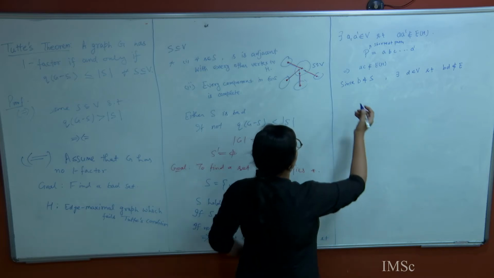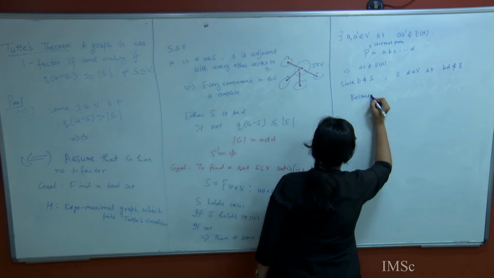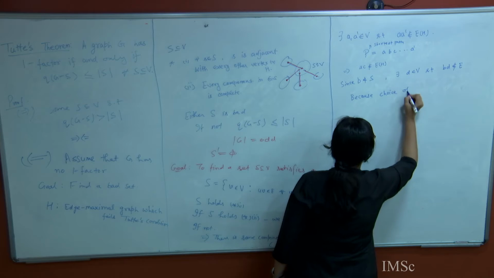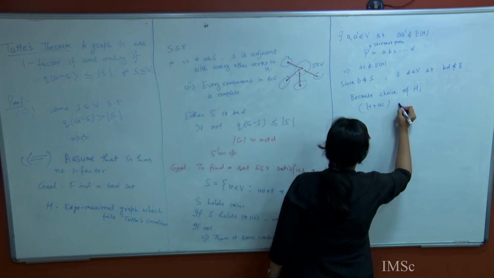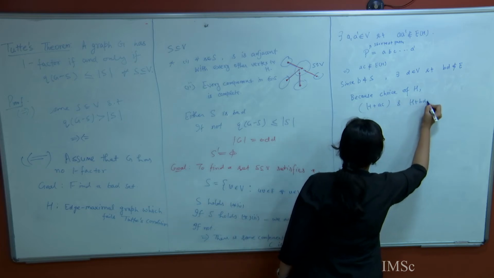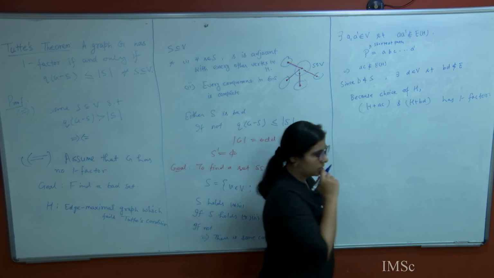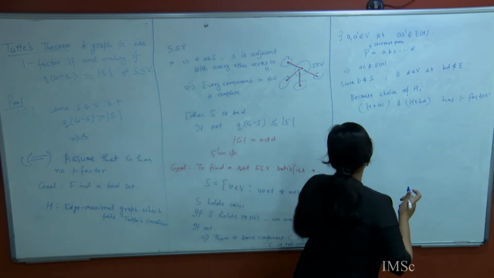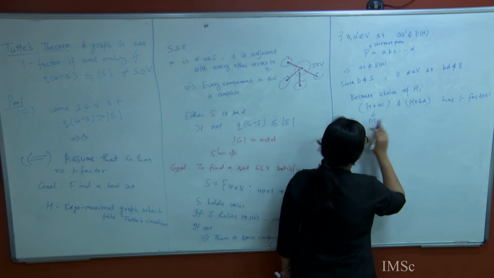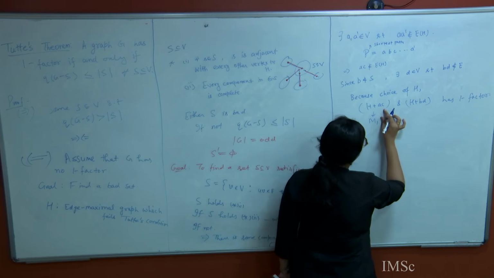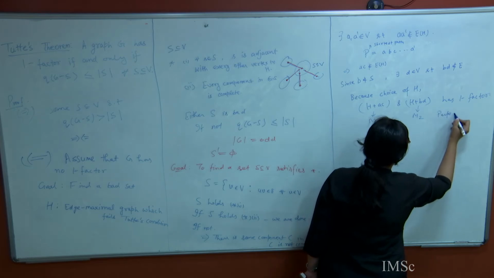So because of the choice of H, H plus AC and H plus BD have one factor. So both have one factor. Say M1 is a perfect matching in H plus AC and M2 is a perfect matching in H plus BD.